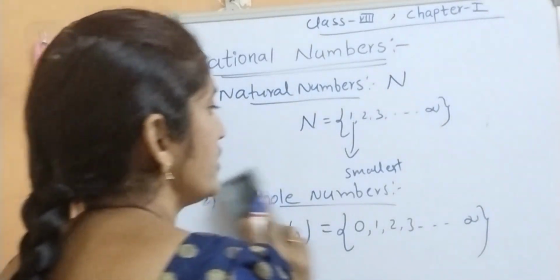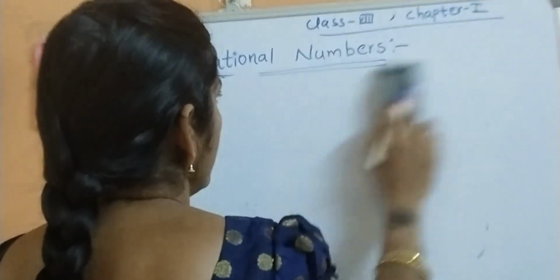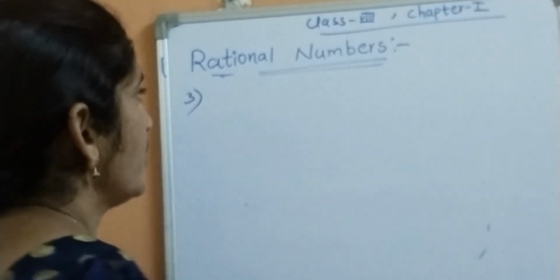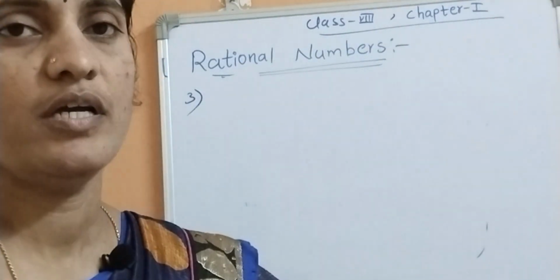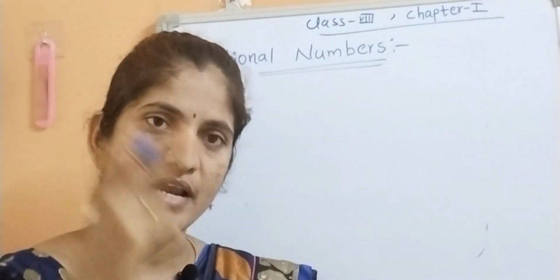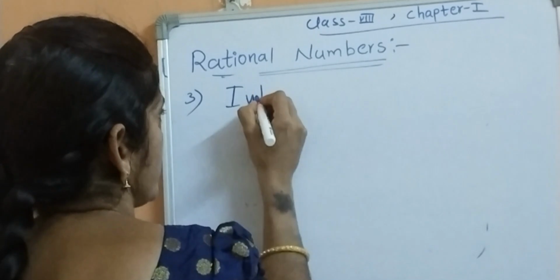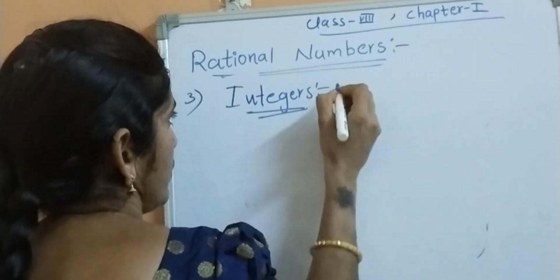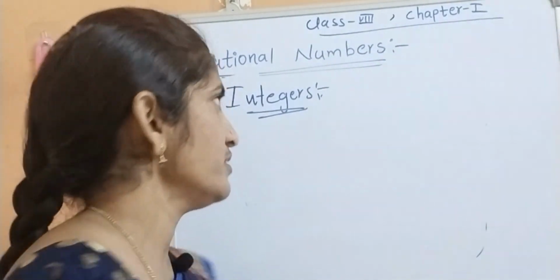Next number system. What is the third number system? Natural numbers, whole numbers, and then integers. About integers we already discussed in 7th class.